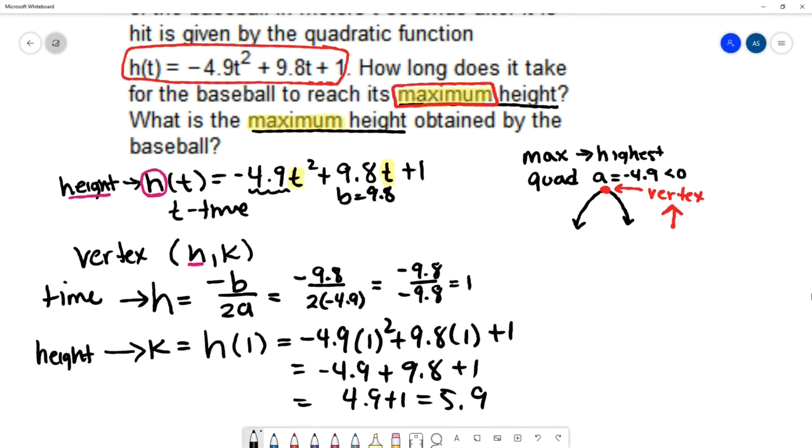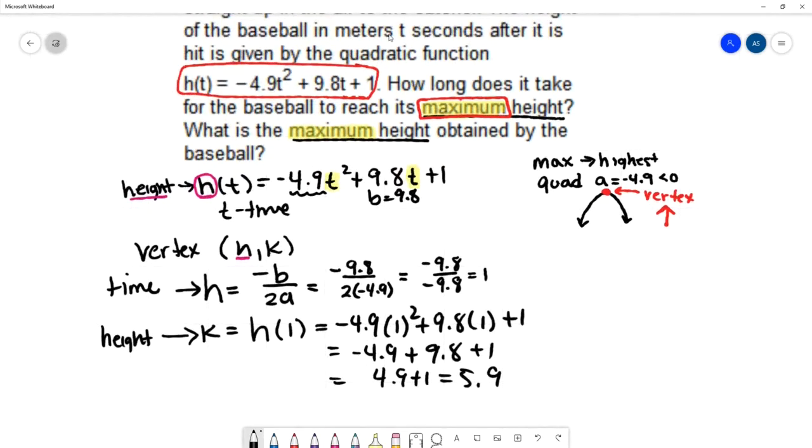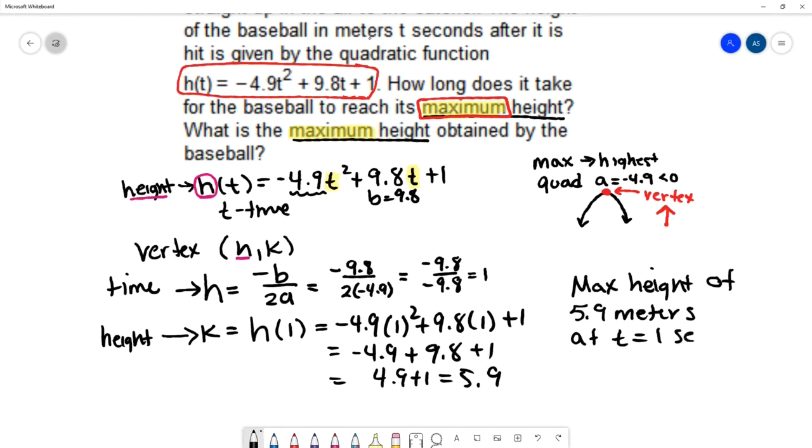And let me just see the units on this problem. It is meters. It says that up here. So we are going to have a max height of 5.9 meters at t equals 1 second.